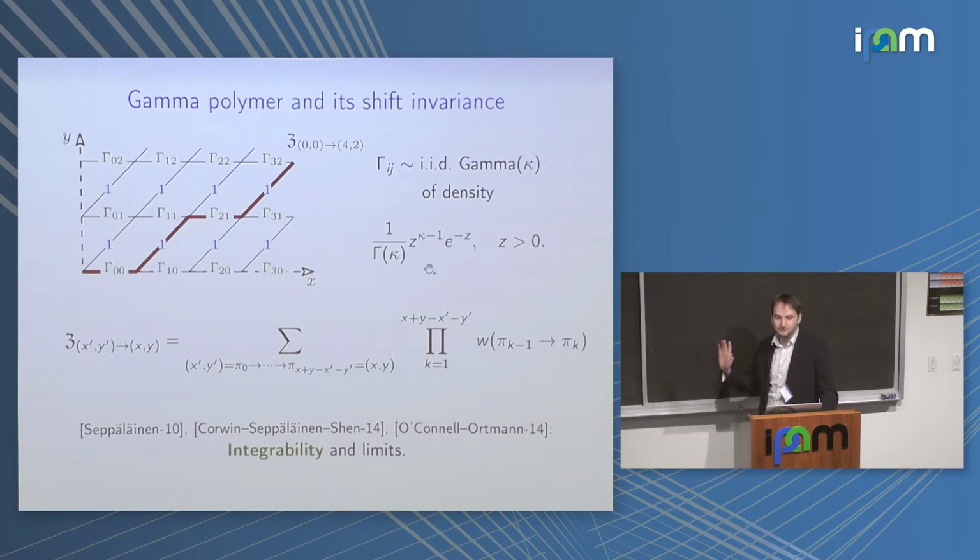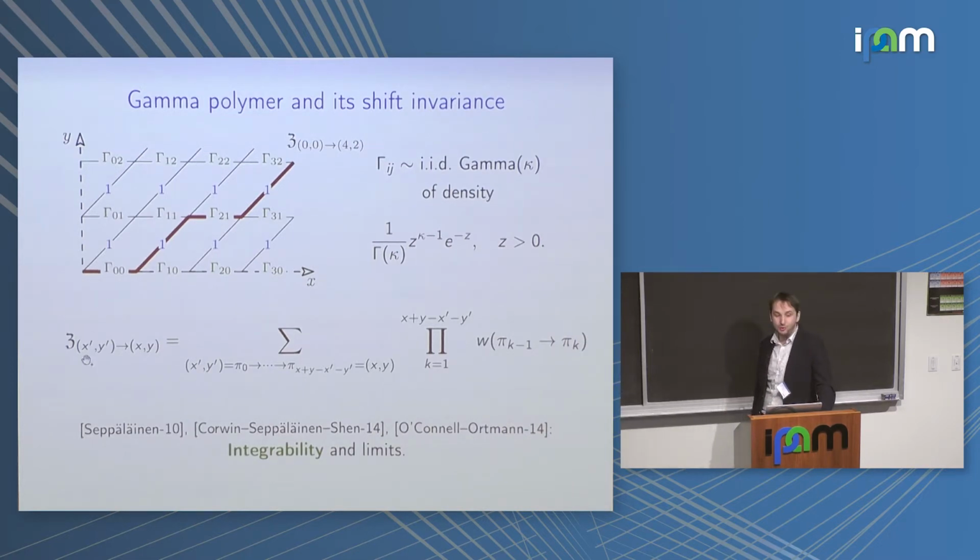Kappa is a fixed number, fixed once and forever, so it's the same for all the lattice points. But in general, these gamma variables are all independent. For the diagonal edges, our weight is going to be 1, so no weights on the diagonals. Now we are doing a finite temperature analog of directed percolation. So it's very closely related to what Ivan was speaking about during the first talk.